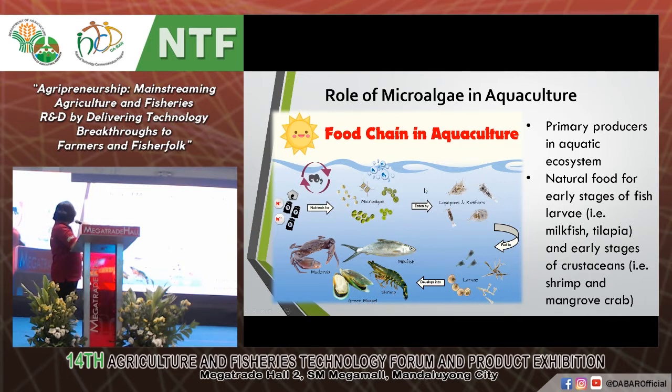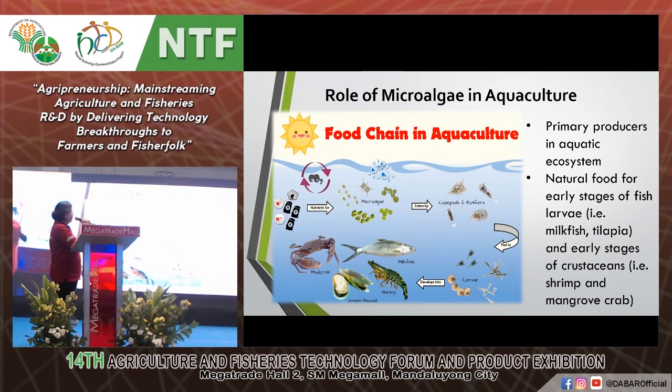Makita po natin diyan sa food chain in aquaculture, yung microalgae plays a very vital role. Ito yung kinakain ng mga copepods, maliliit na mga animals o zooplankton that includes the rotifers.